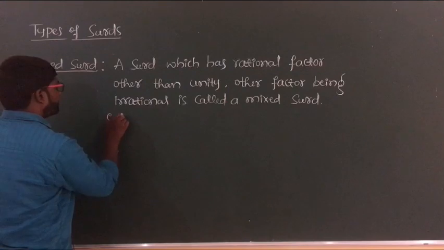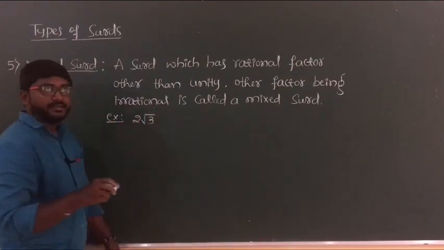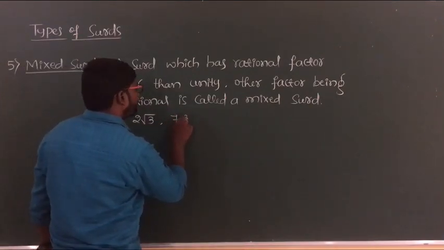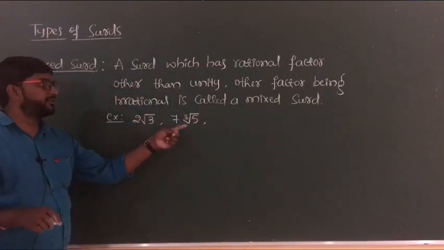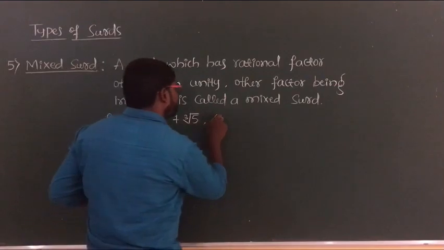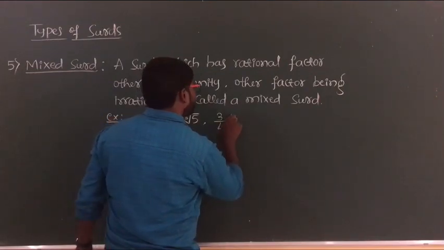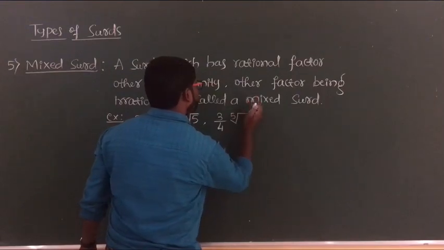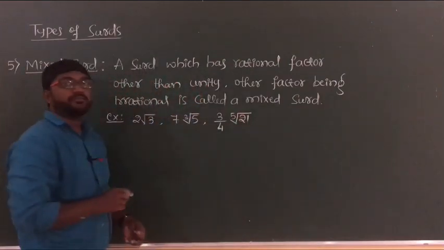So the examples are 2 times root 3 and then 7 times cube root of 5 and then 3 by 4 into the fifth root of 21.